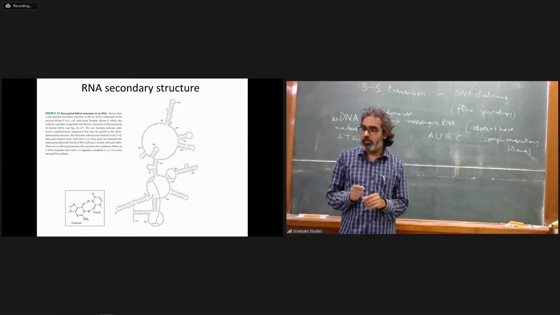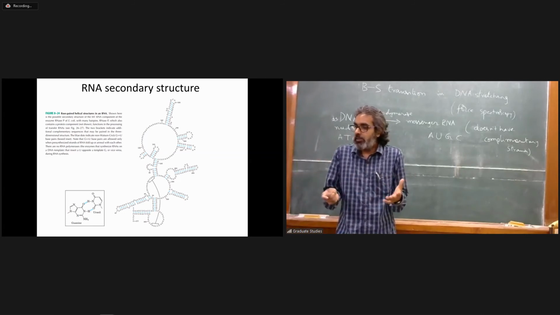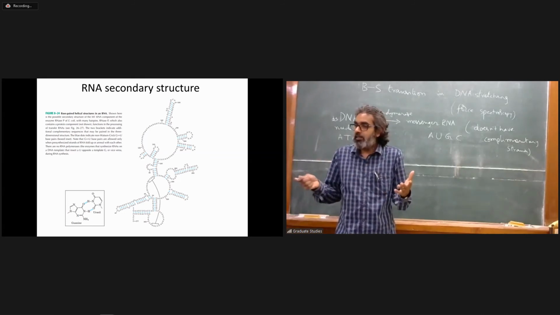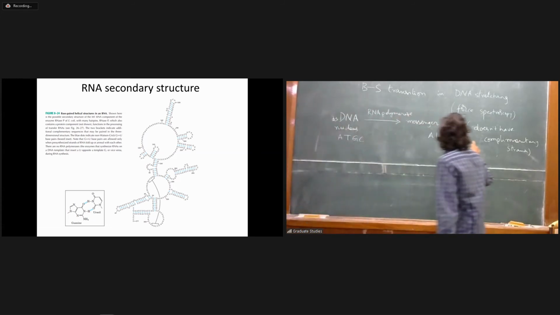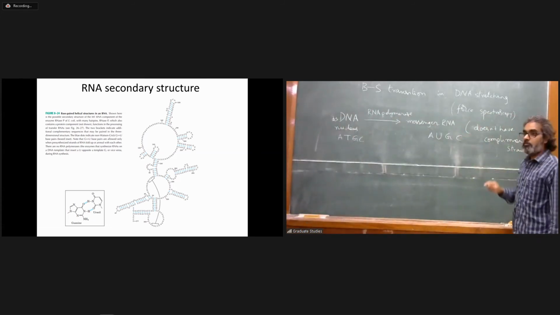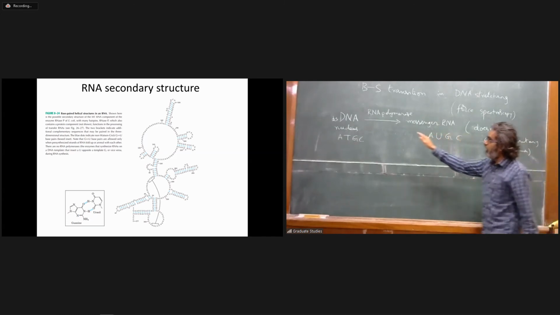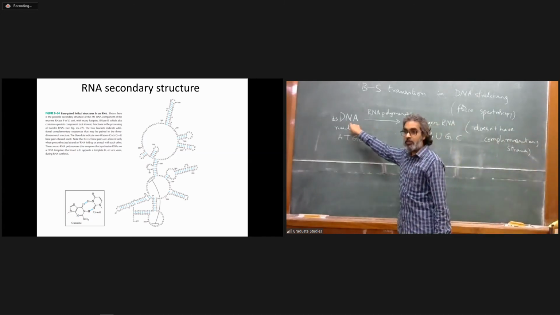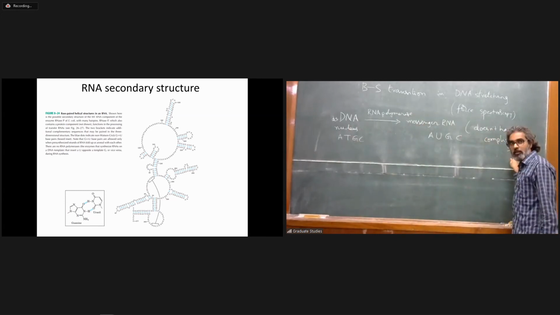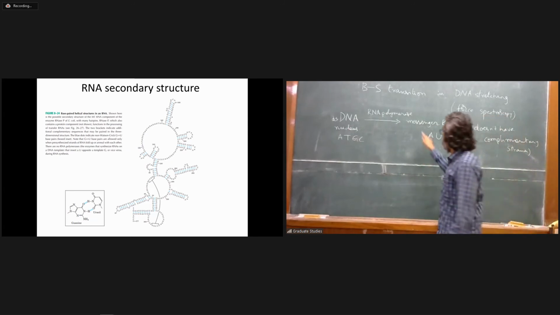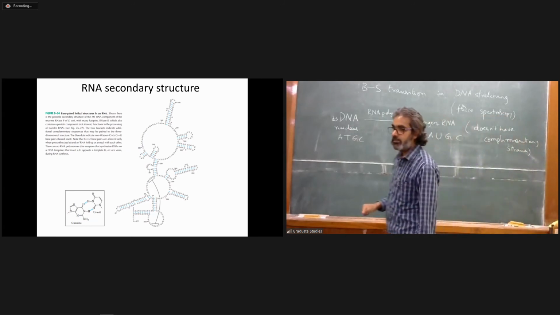But if they are not random sequences, then with single-stranded DNA you can't really predict. Now, messenger RNA is copied directly from double-stranded DNA, but only one strand is copied. It doesn't have a complementary strand, most of the time, because it's not required. So only one single strand is important.